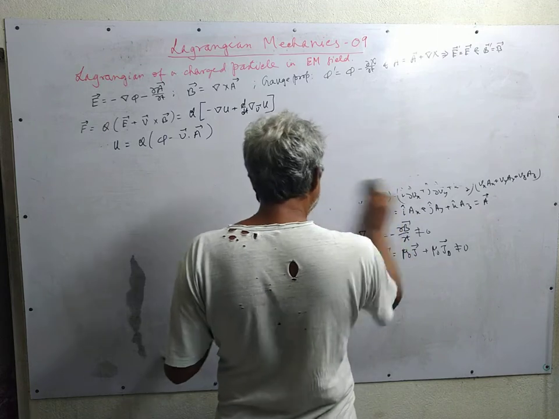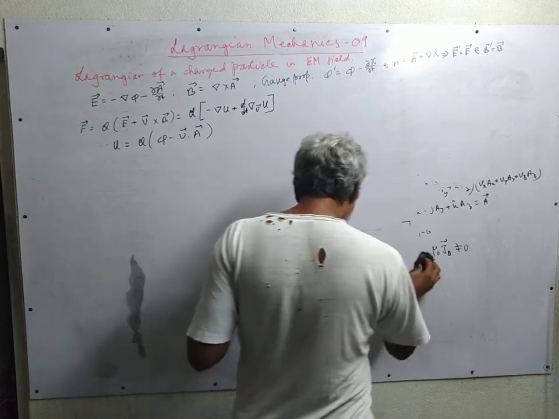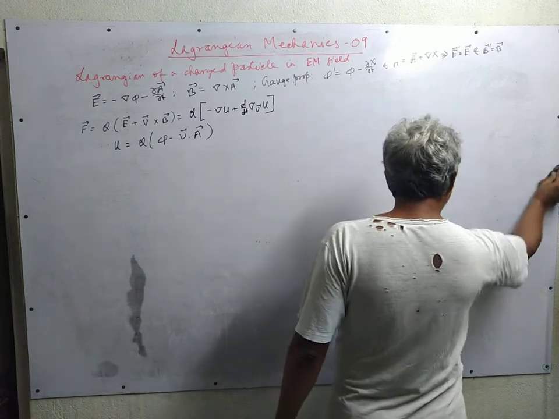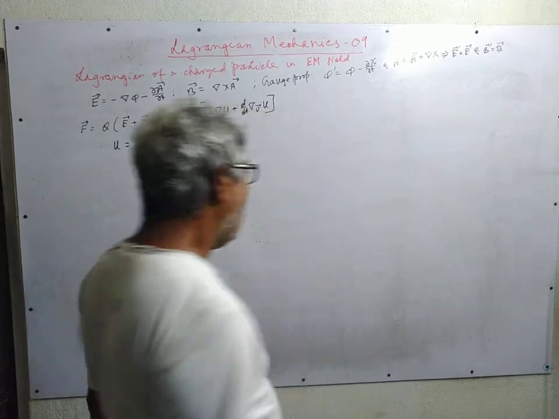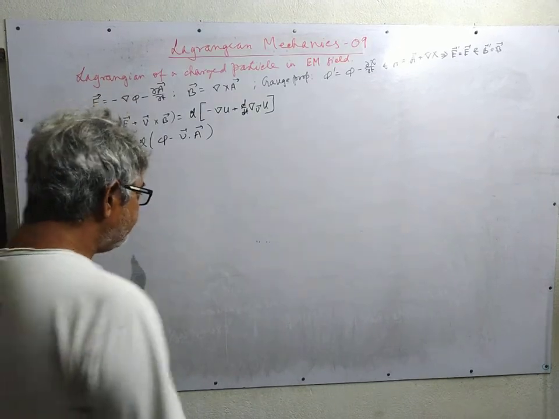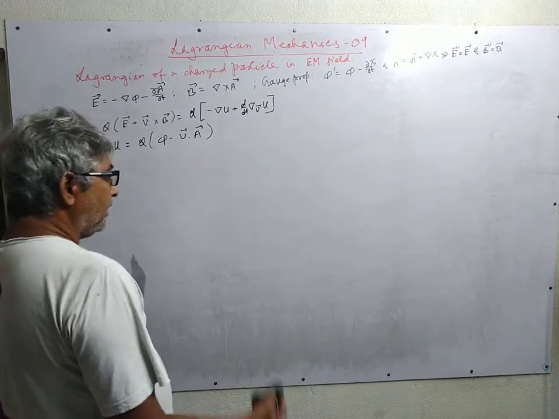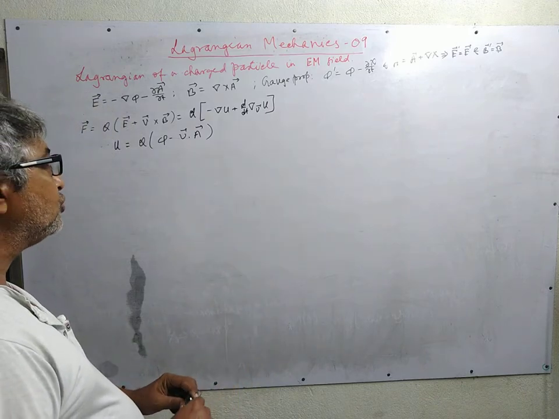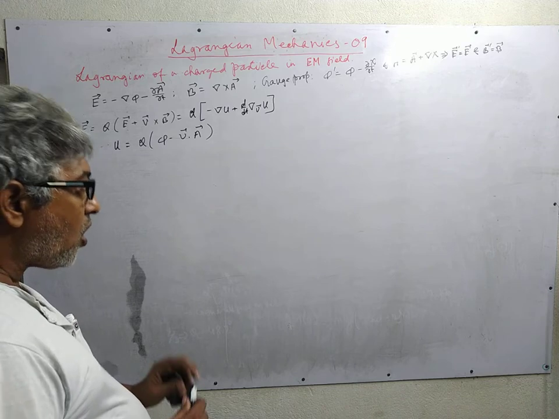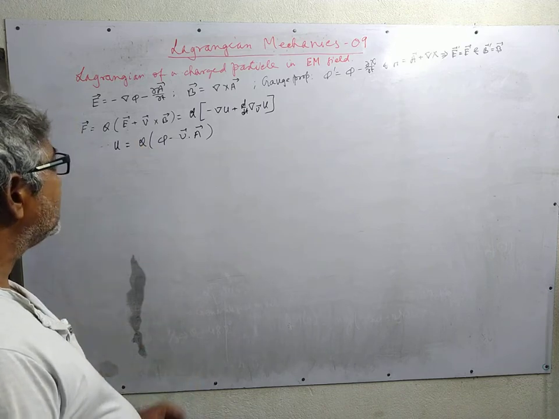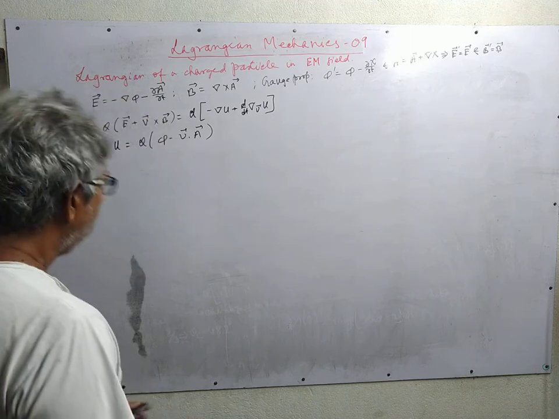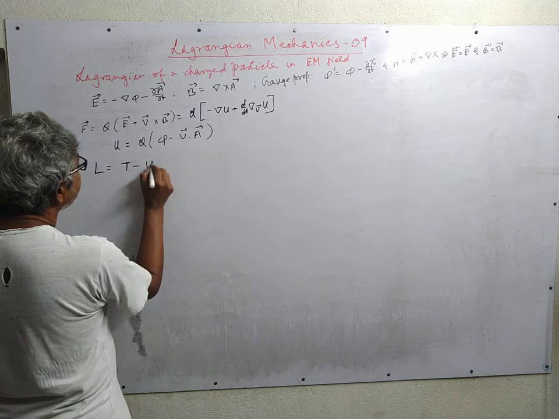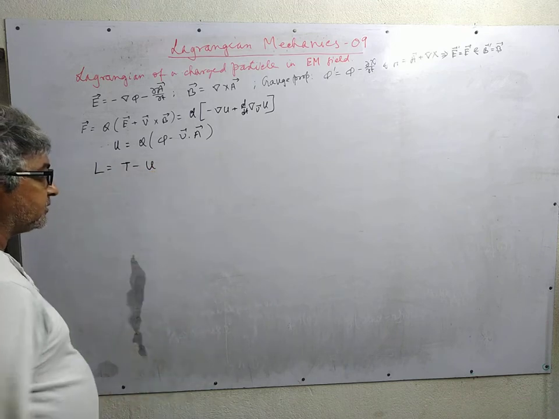When the potential is partly conservative and partly non-conservative, then the conservative part can be taken care of within L and the non-conservative part can be taken care of through the generalized force. Or we can introduce a modified Lagrangian L is equal to T minus U. So we shall adopt this.